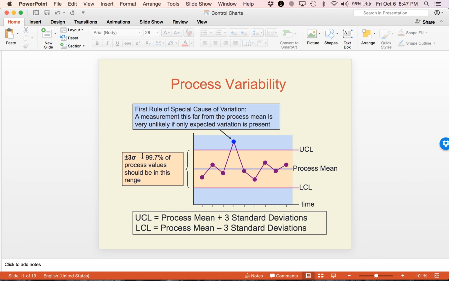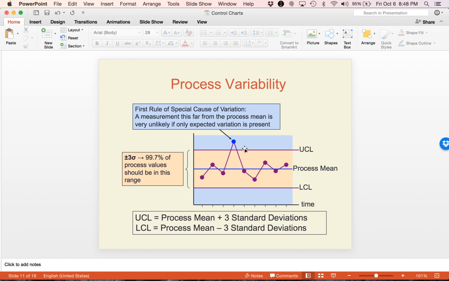Once again, we know that if we're above the control limit here or below the control limit, that should happen less than 1% of the time. In other words, 99.7% of the values, that's almost 100%, should be within the control limits. So if we're outside of it, especially with this few points, it would be considered unusual.